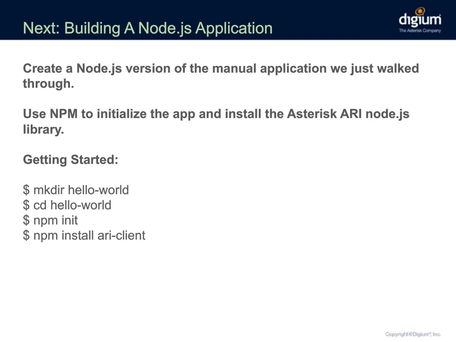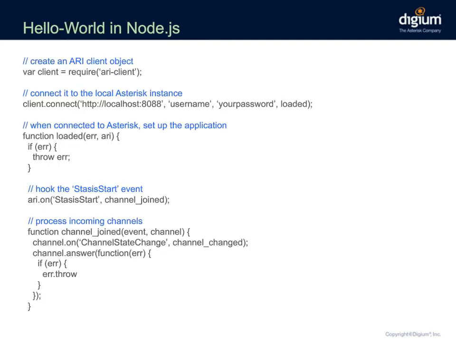A package.json file gets initialized, and then you'll use npm install to install the ARI-client library, because we're going to use that instead of raw HTTP commands, because frankly it's a whole lot easier. So the next step here, we'll walk through roughly 3 screens of the application. It works out to maybe 50 or 60 lines of code total, and it's all pretty simple.